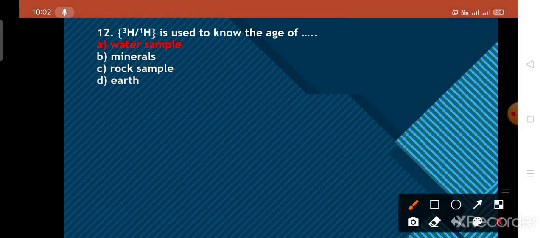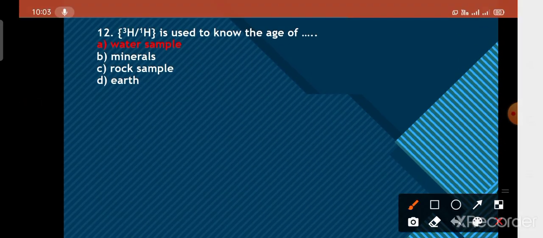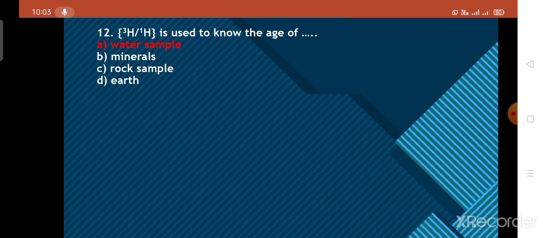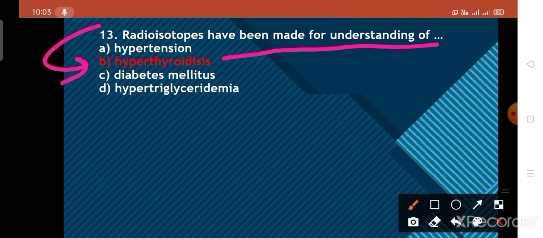Now, 12th example: the ratio of tritium and hydrogen, or protium, is used to know the age of, the answer of this example is, a water sample. Then 13th example: the radioisotope has been made for the understanding of, the answer of this question is hyperthyroidism.